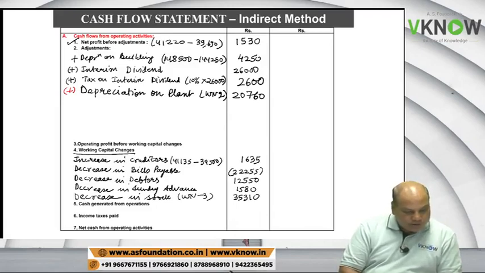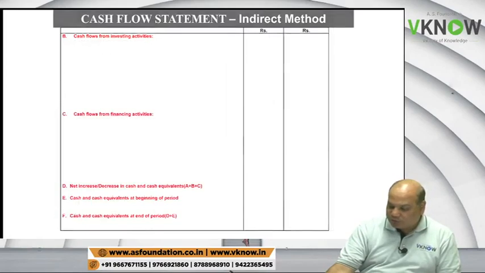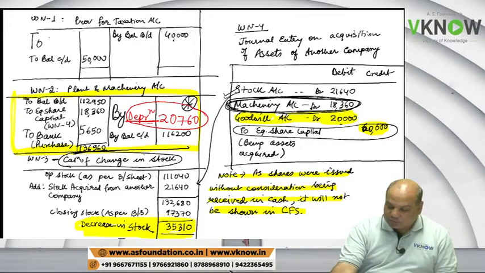One last line. Income tax paid during the year amounted to rupees 25,000. Working note 1. Entry: provision for taxation account debit to bank account, to bank account 25,000.